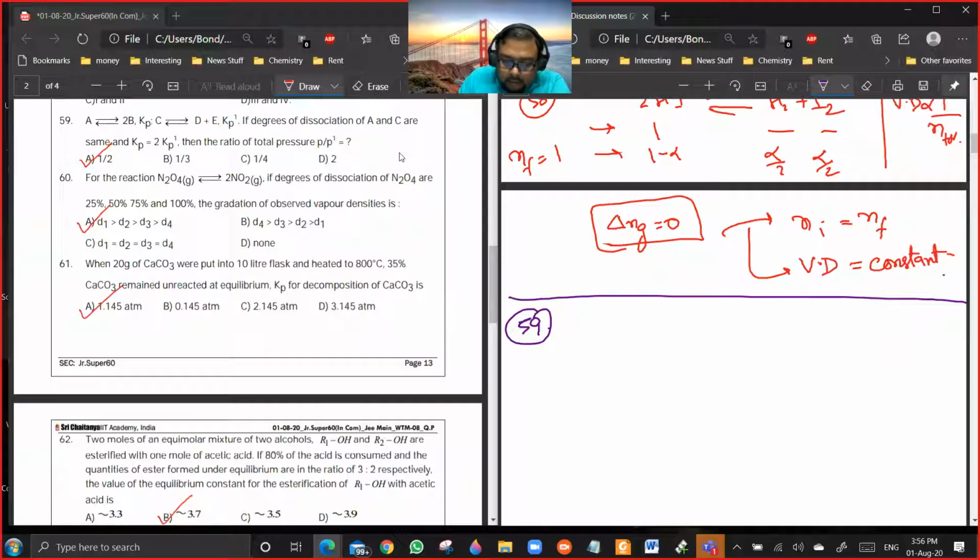So the ratio of pressures, total pressure P and P1. Let us analyze the first equilibrium, A giving 2B. They are saying total pressure, which means they are talking about the equilibrium pressure.